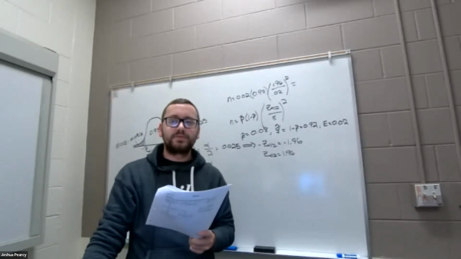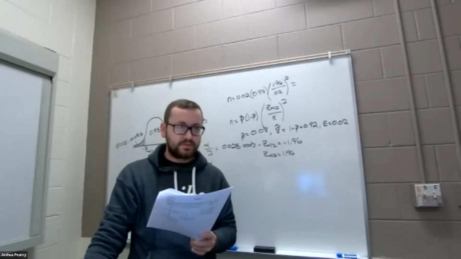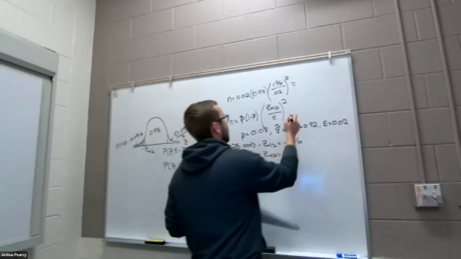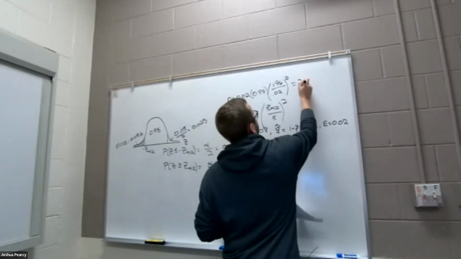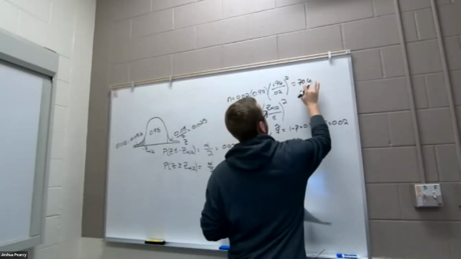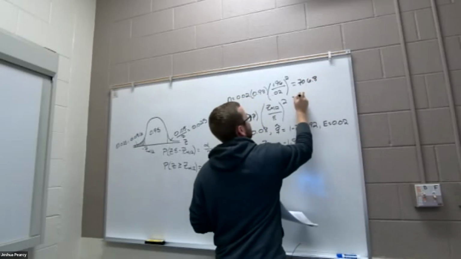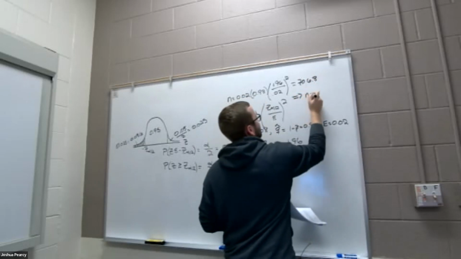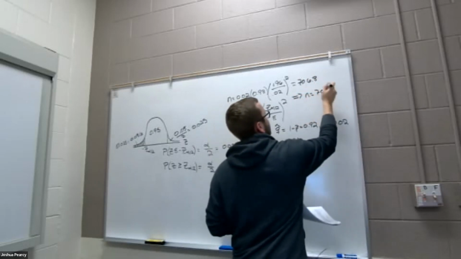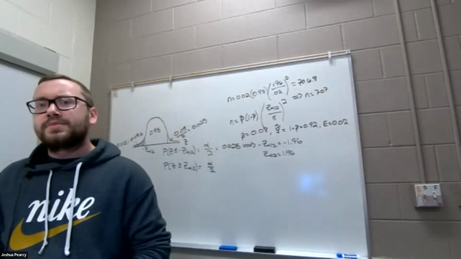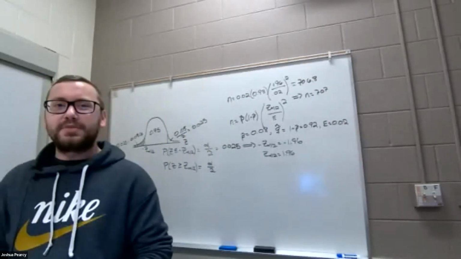Anyone figured it out? Yeah, 706.8 exactly. So that implies that you round it up to n is 707. That is the minimum sample size needed.